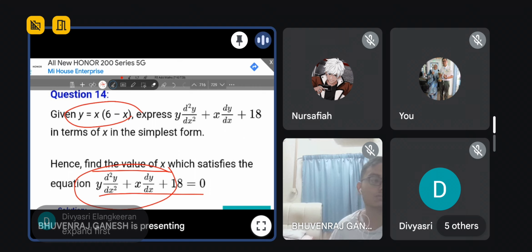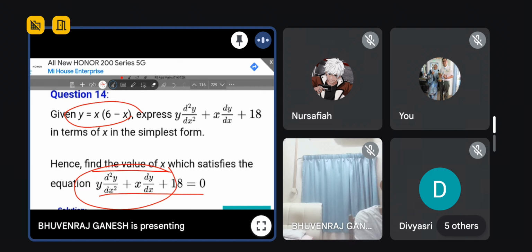Adakah kamu akan guna petua darab atau bezakan secara terus? Actually, you can expand first, then directly differentiate. So actually, you no need to use the product rule. Tak perlu guna petua hasil darab. So when you differentiate, you will get this one.